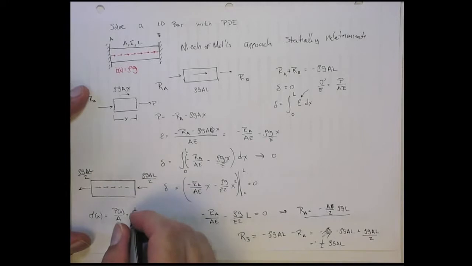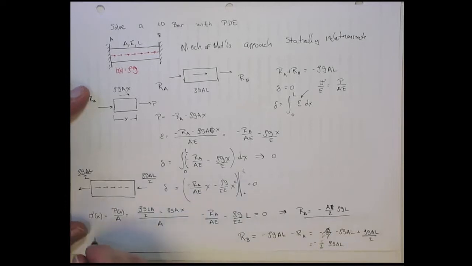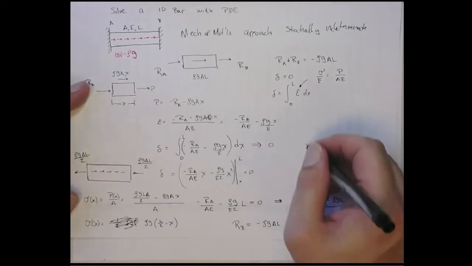So that is minus RA is rho GLA on 2 minus rho GAX over A. So the stress at a point is going to be, wait, I'm sorry, yeah, it's going to be rho G times L on 2 minus X. So that's the stress.